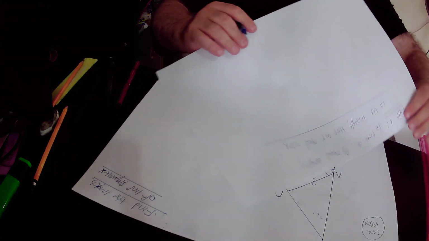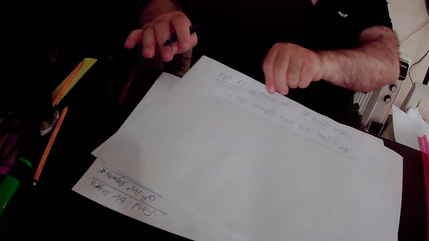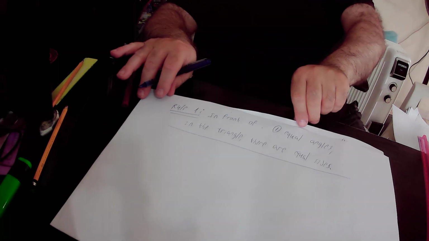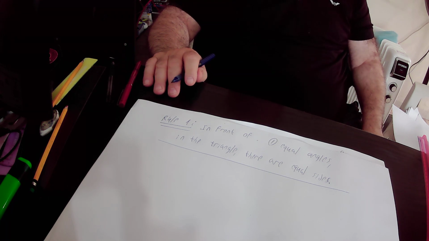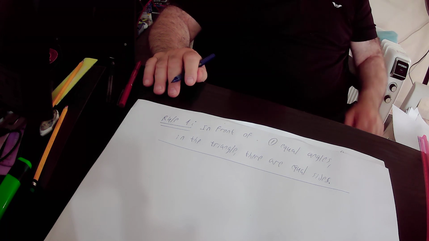So I will read rule number 1 again. According to rule number 1, opposite equal angles in the triangle there are equal sides.